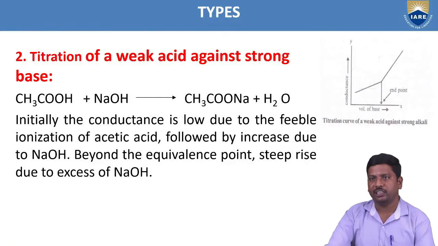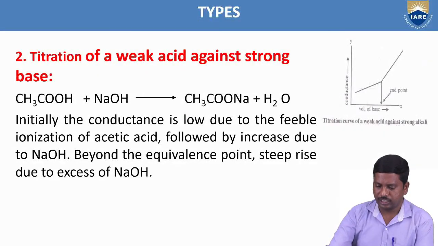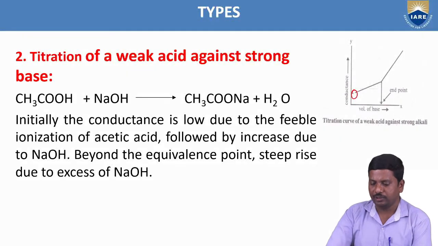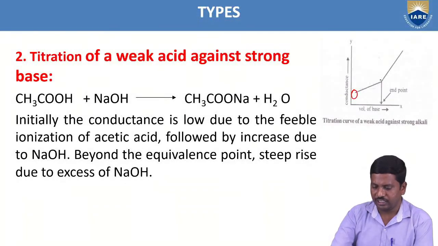In the case of the weak acid, it initially starts with low conductivity because the ionization is very low. That means it cannot easily give H plus ions, so H plus ion mobility is less and conductivity is also less. That continues up to the end point of the reaction.